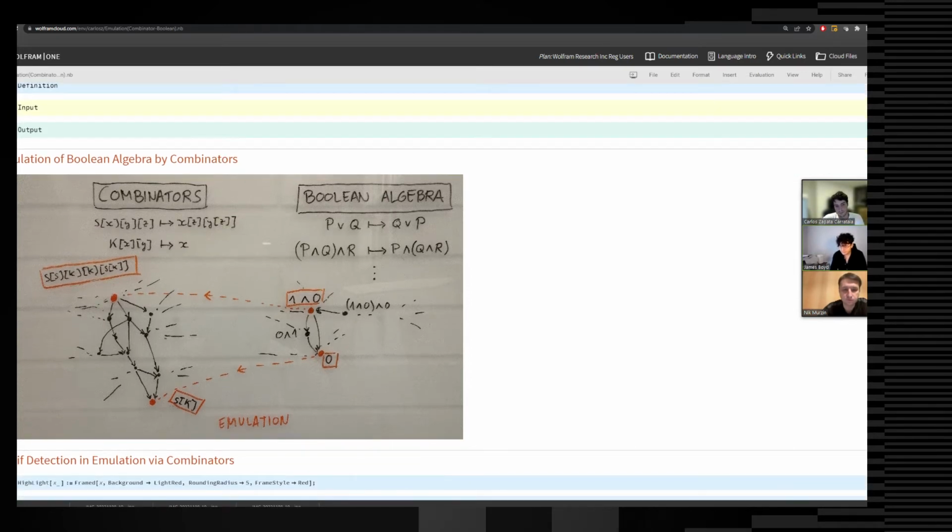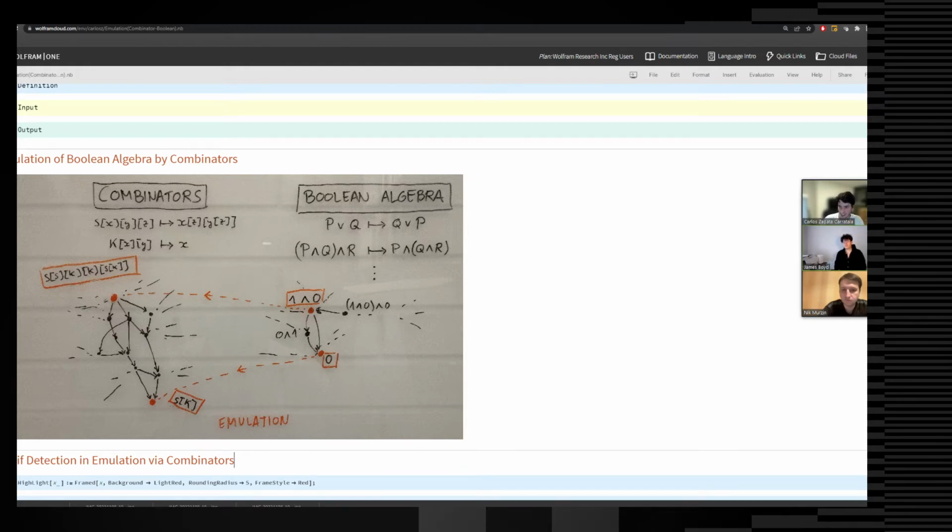And so the question that James just pointed out, and then we can get into the nitty-gritty of the function after this, is then, if you have these two states, for example, on the Boolean algebra side, false and true, true and false in this way, and they're related by these particular rewrite paths, then obviously if you can emulate it on this other side, they will be computed and they could be connected for sure, because we know how combinators work. And so the question is, what is the relation between this, for example, the path homotopies, or the length of the paths, and basic questions about paths, right?